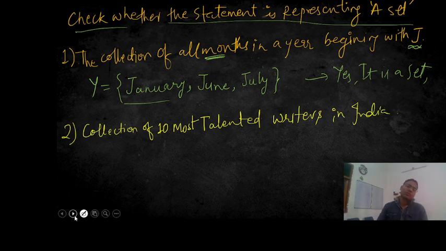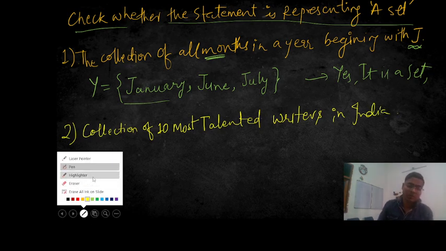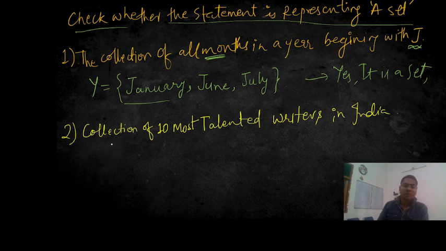Again, if you want to write a few names of writers, you can obviously write some names, but the 10 topmost talented writers are actually not possible to identify. Who is the topmost writer, who is the second topmost writer, who is the third topmost writer? Why?